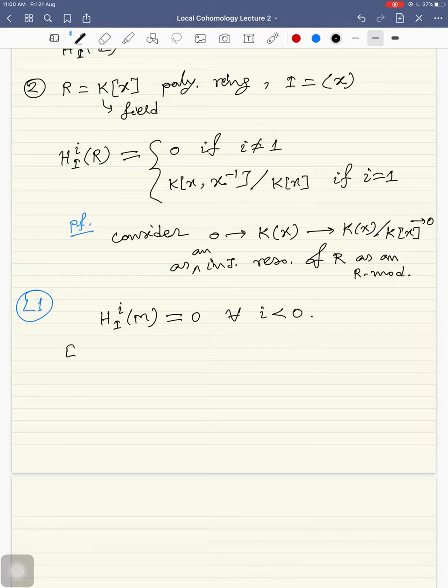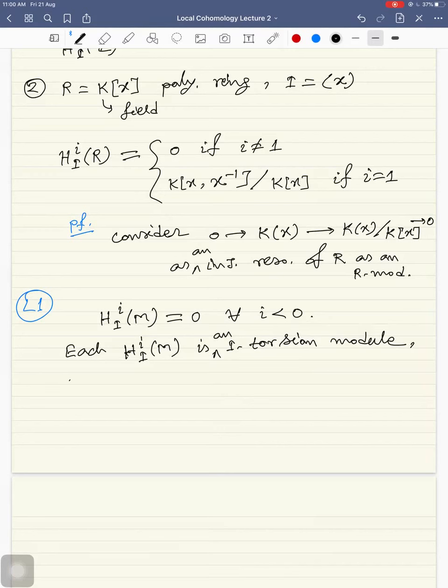Moreover, each ith local cohomology module of M is an I-torsion module.